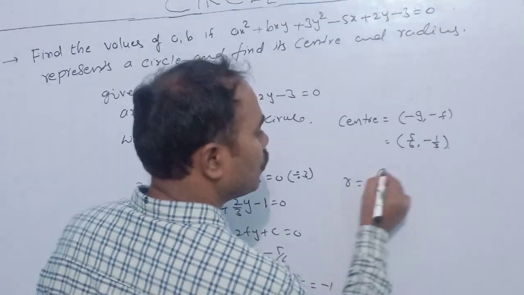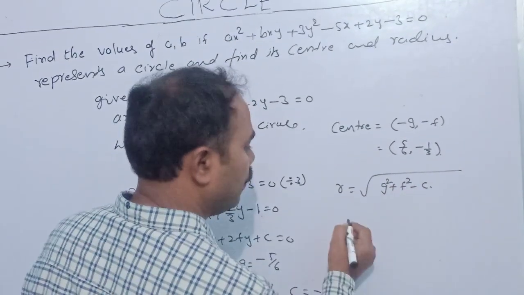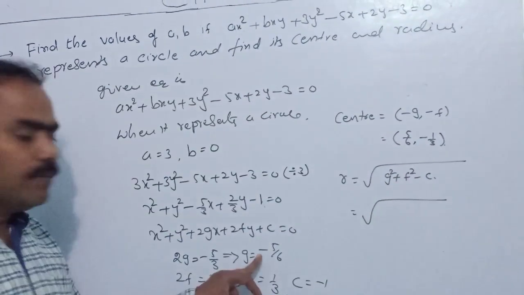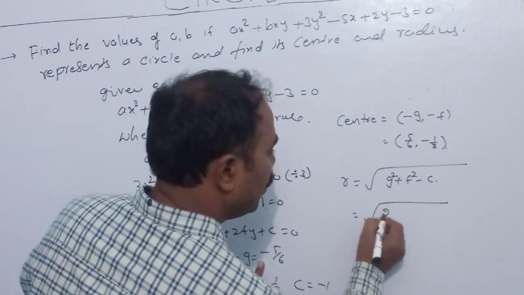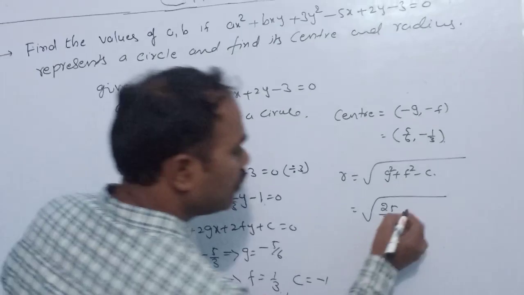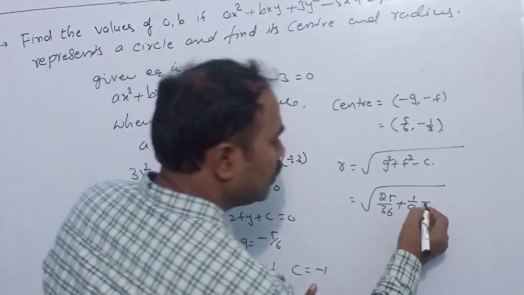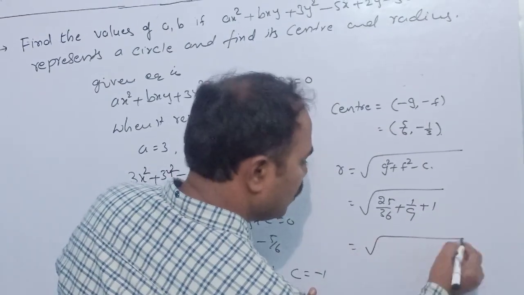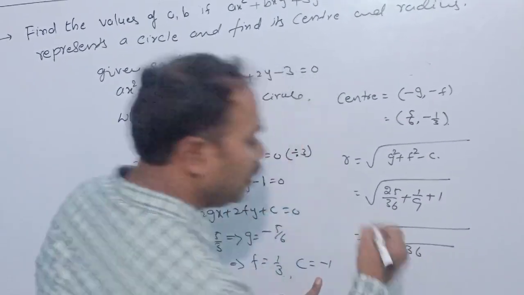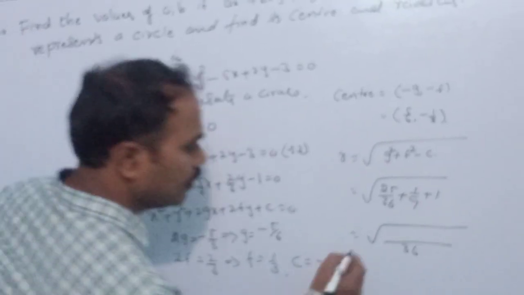Now the radius is root over g square plus f square minus c. Root over g square means 25 by 36, plus f square 1 by 9, minus c means minus of -1, which is plus 1. 36 is the LCM of the denominators.